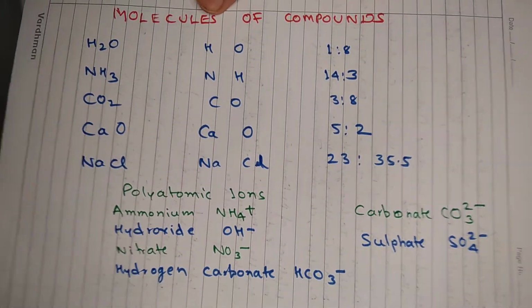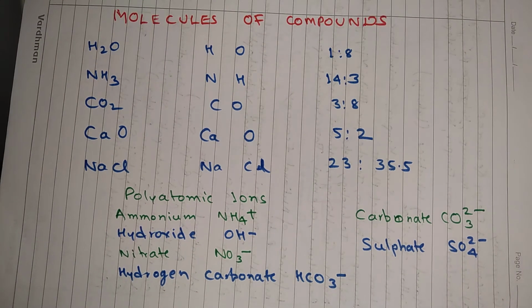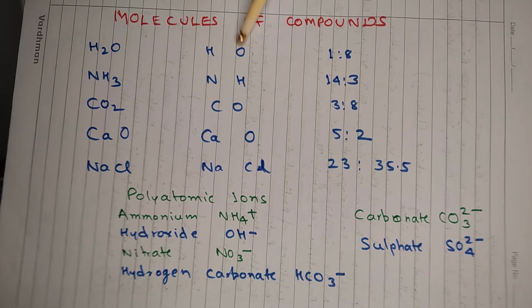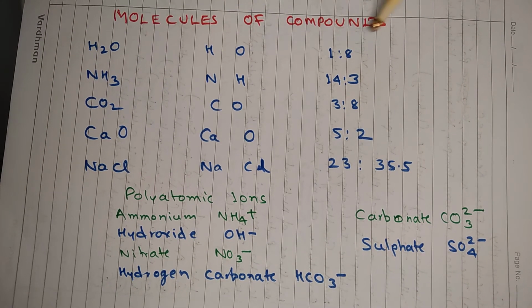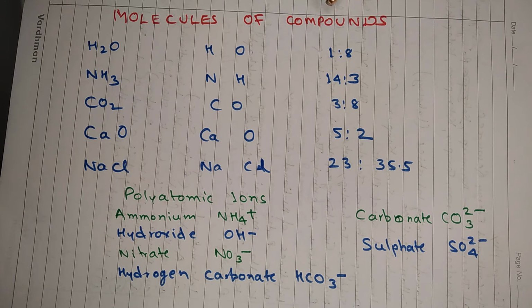Molecules of compounds. Here are some examples of molecules of compounds. These are the formulas, these are the constituents of the molecule, and this column shows the ratio of masses of constituent elements. For water it is H2O, composed of hydrogen and oxygen, and the ratio between hydrogen and oxygen is 1:8.